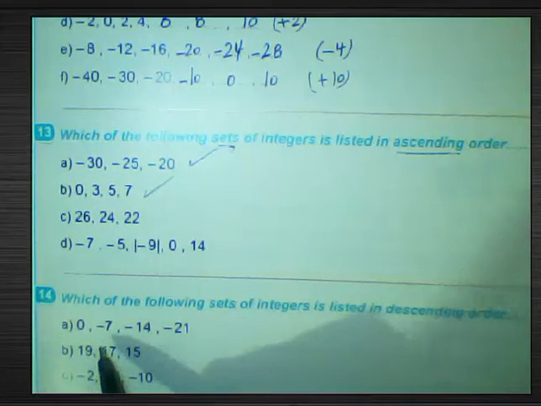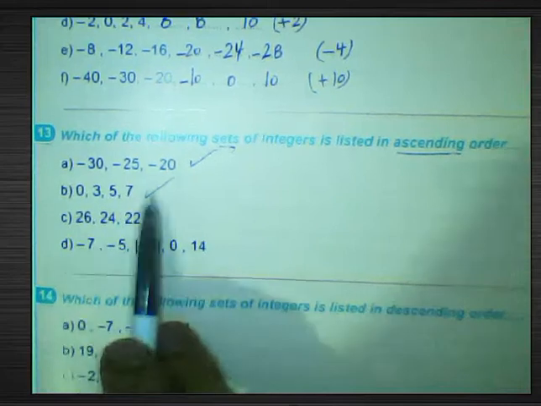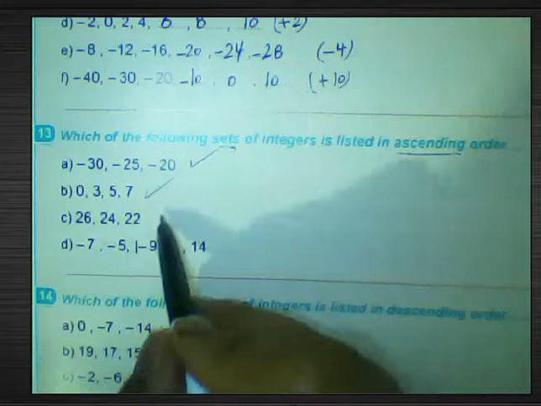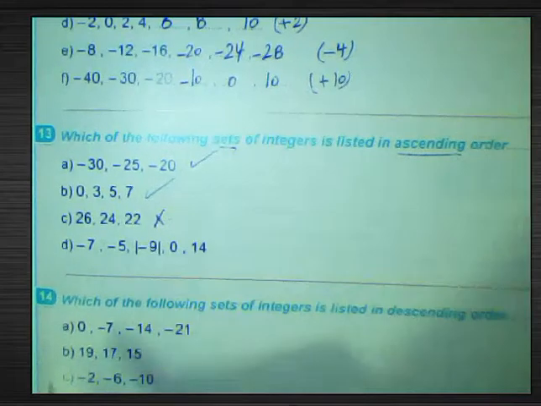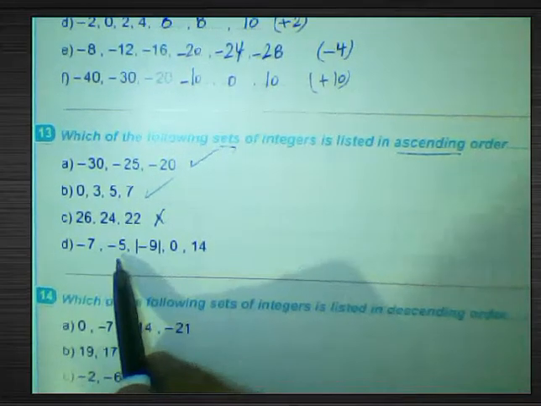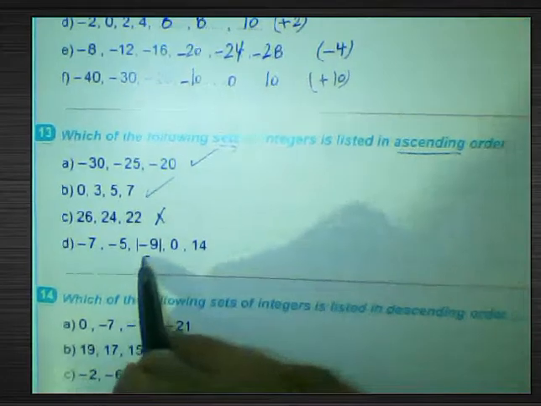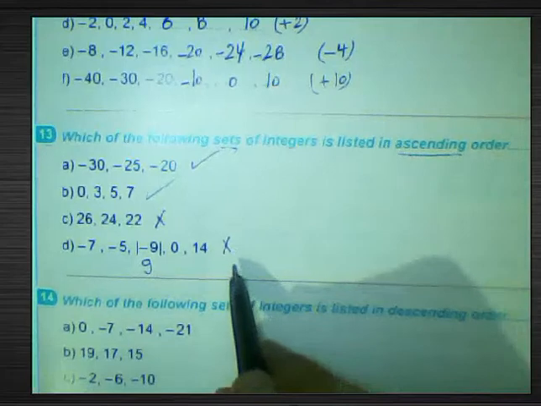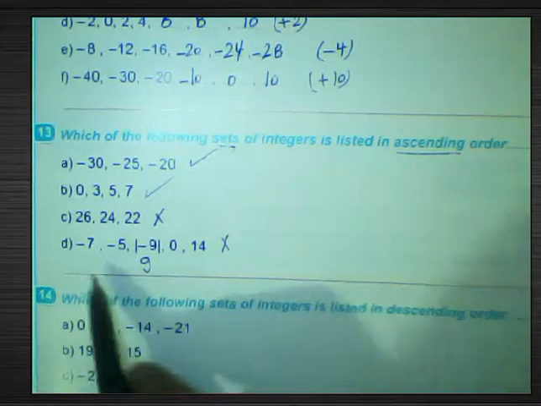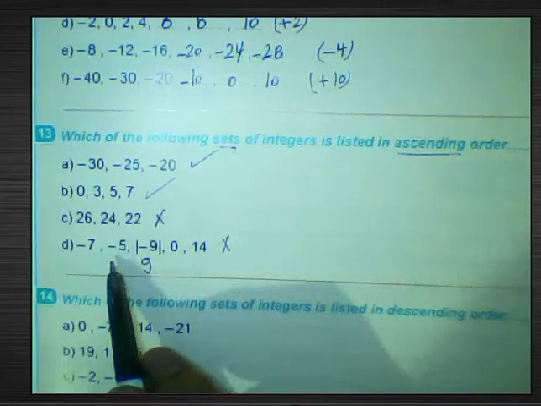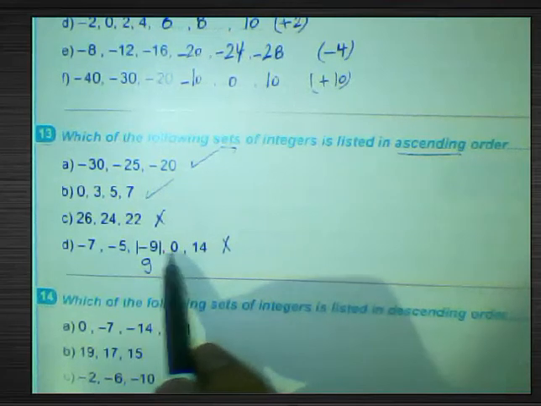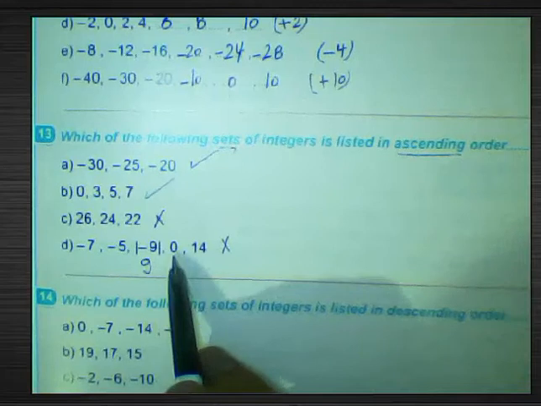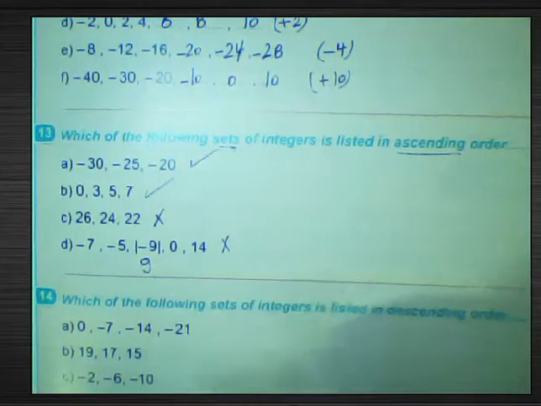It's okay. So from smallest to greatest. 26, 24, 22. It's a descending order. Negative 7, negative 5, 9, 0, and 14. No, it's false, because after negative 7 and negative 5, we must write 0 and 9 and 14. We must replace 0 and 9.